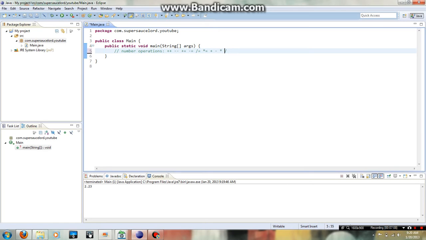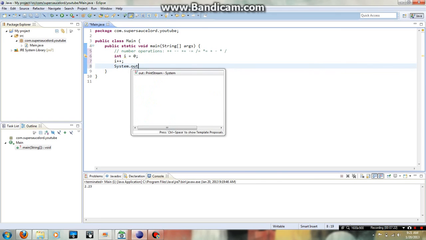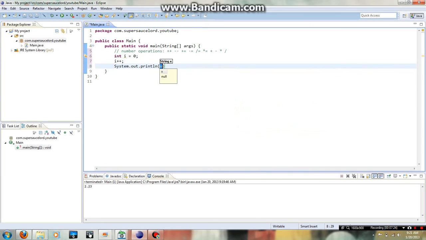Plus plus increments it, adds 1 to this number. So if I did this, int i equals 0, i plus plus, System.out.println(i), I will print 1 because 0 plus 1 is 1. It adds 1. Oh yes, that brings me to another point.